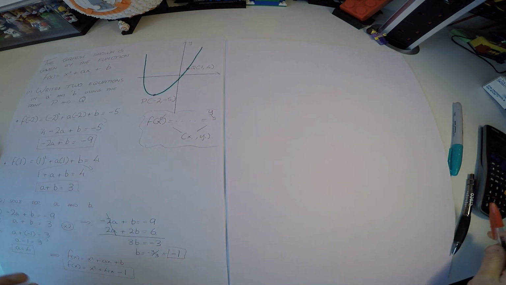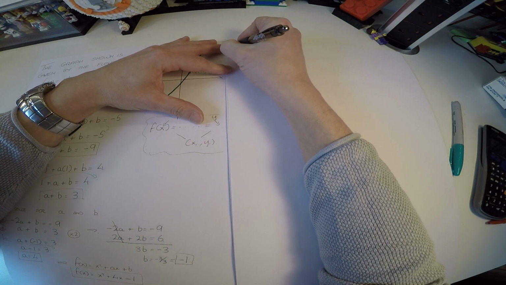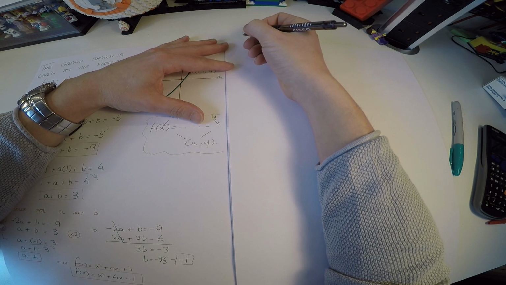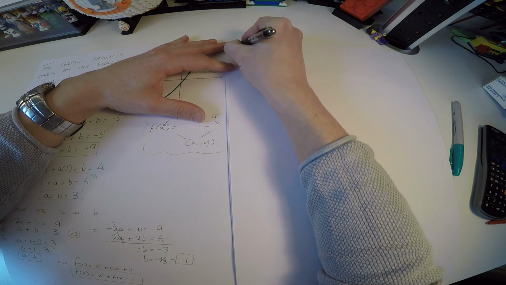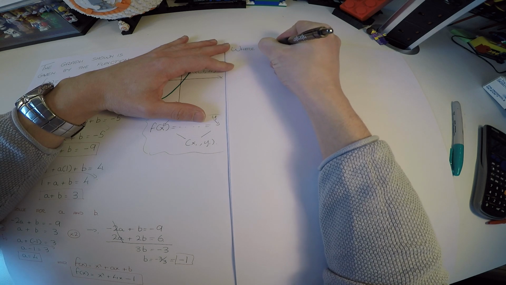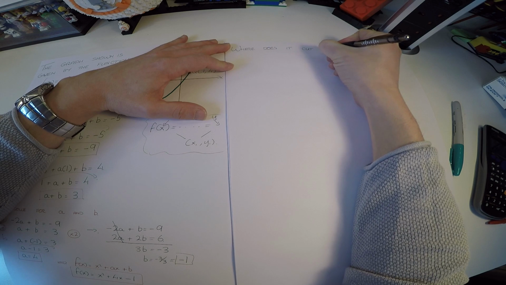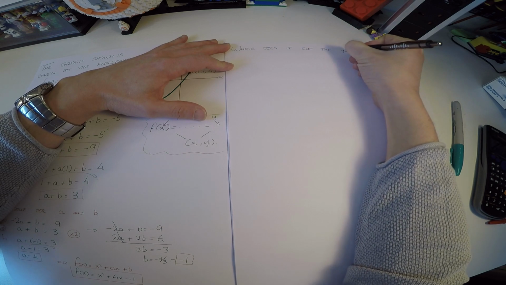It says, can you find the coordinates of where it intercepts the y-axis? So where does it cut the y-axis?